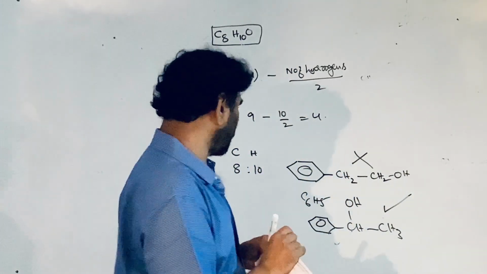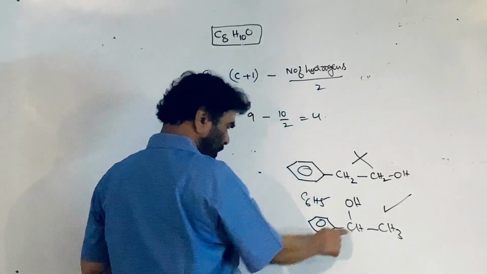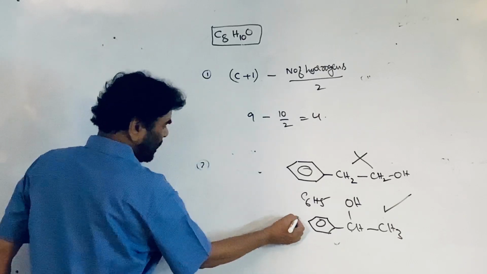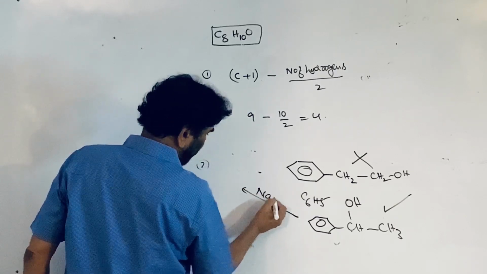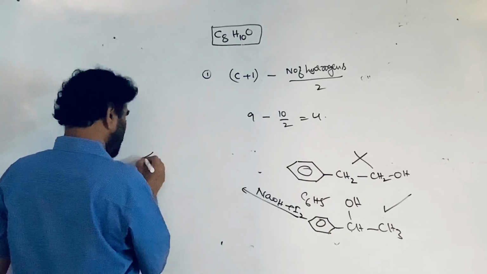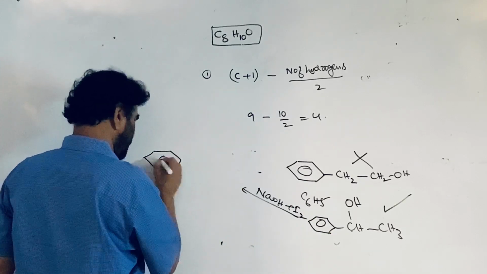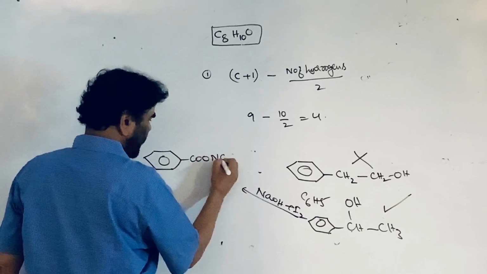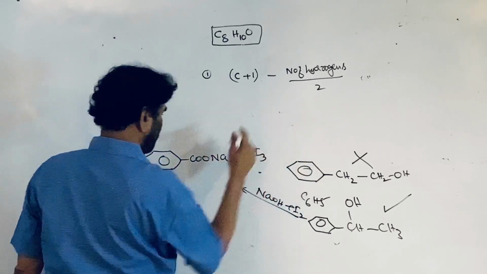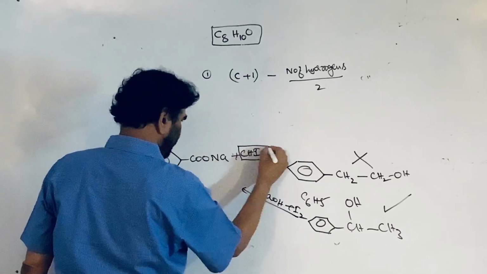Just now we discussed the iodoform reaction. So phenyl ethanol is your reactant. On treatment with sodium hydroxide and iodine, this gives sodium benzoate. We know the reaction and iodoform; see, this is the yellow solid.